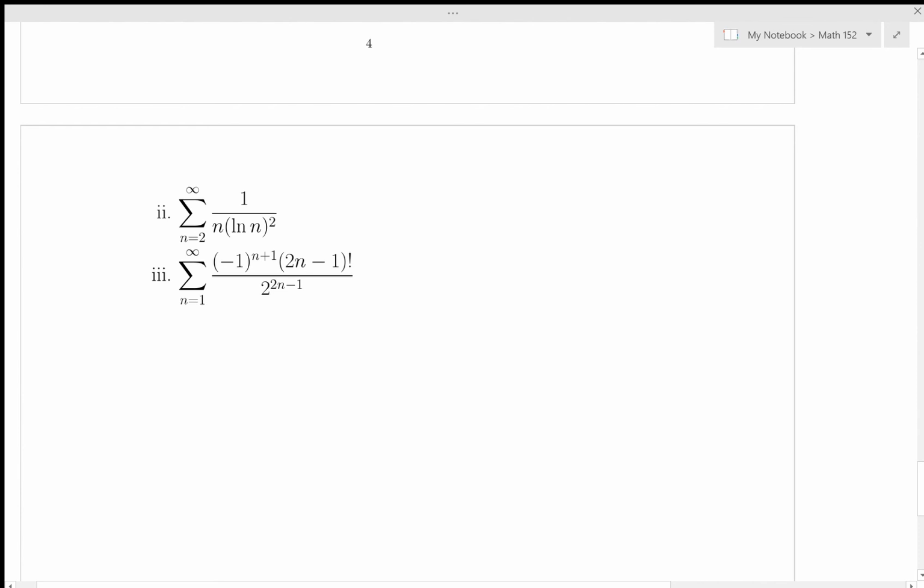You've got this log n, but log n doesn't grow very fast, but then it's squared. I wonder if this is enough. So this is my thought process. My thought process is this by itself does not converge. This, for example, does converge.